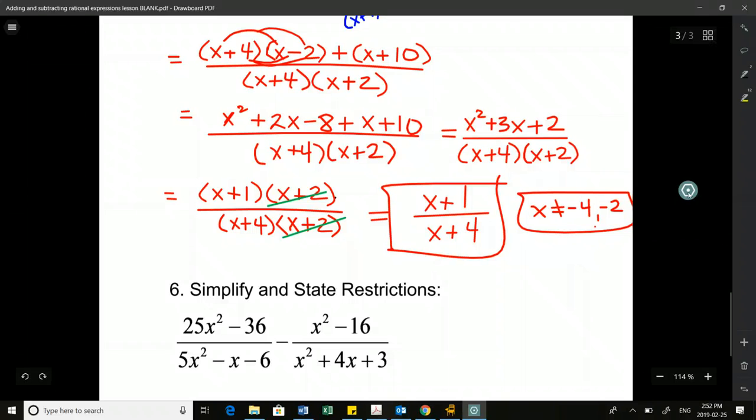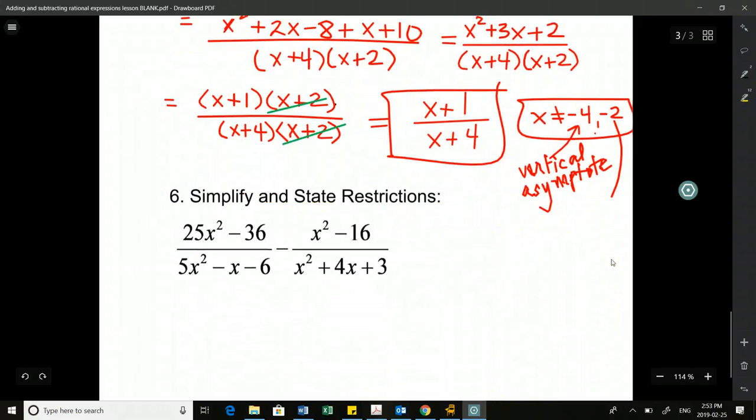So this guy right here, this guy's a vertical asymptote. It's kind of like one of those lines that our graph naturally avoids. It curves around it. Whereas this guy here, this is just an undefined point on the graph. So you'll see it as a little hollow point on your graph.